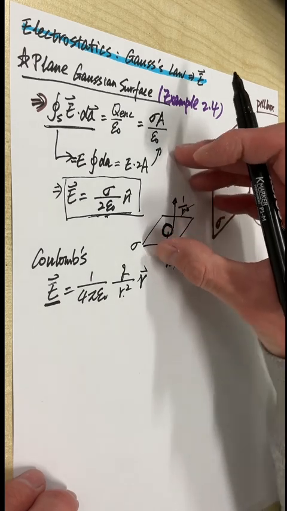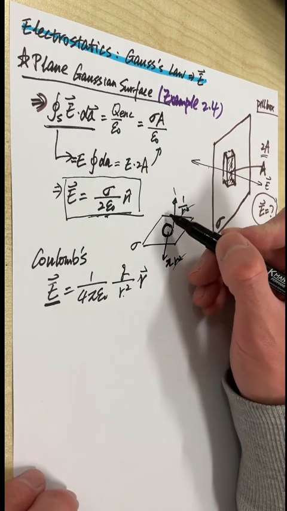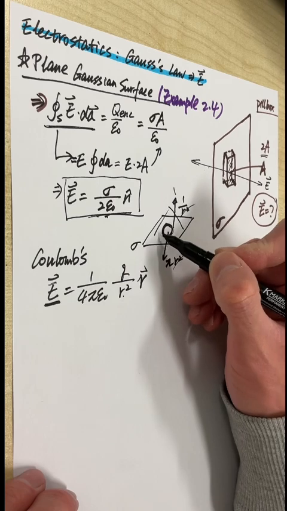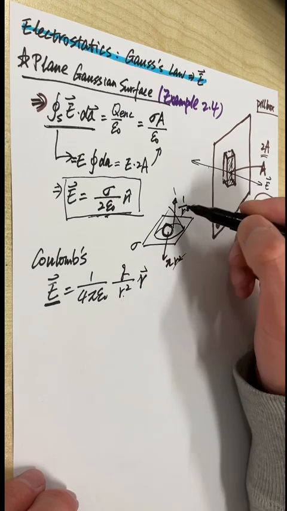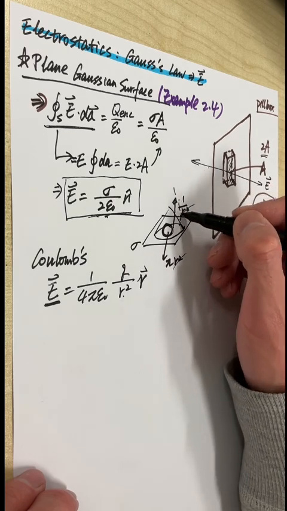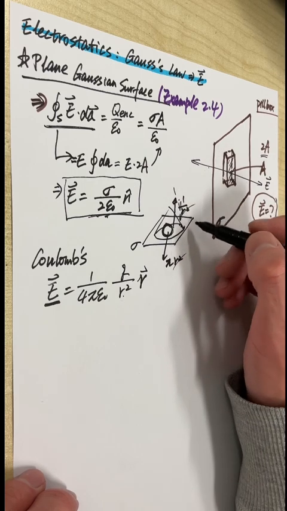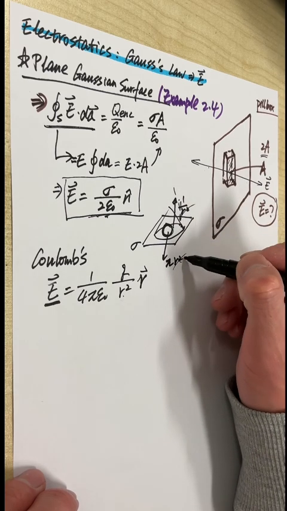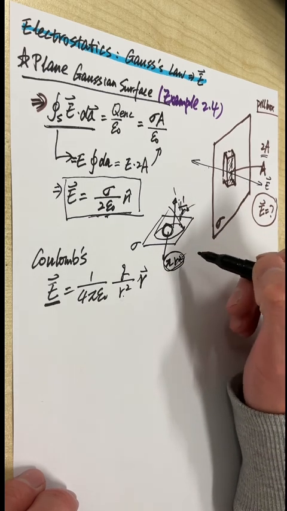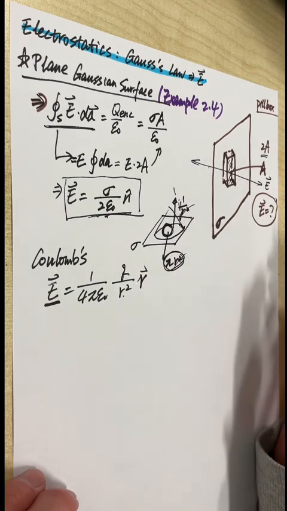So as you zoom out, as you go a little bit further, you'll observe a larger area. But the fading would cancel that increasing area. So that's another way of looking at this.